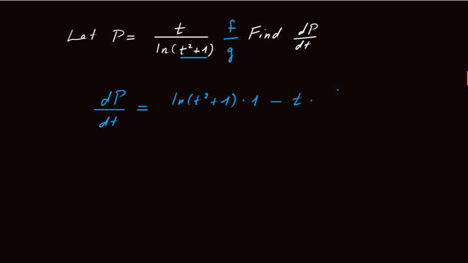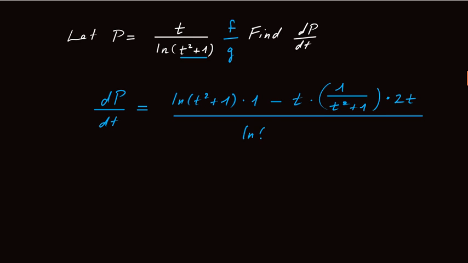The derivative of the outside function is 1 over t squared plus 1. But then I also have to multiply by the derivative of the inside function, which is 2t. Okay, that gives me low d high minus high d low, and now divide by low squared. That is ln of t squared plus 1 squared.